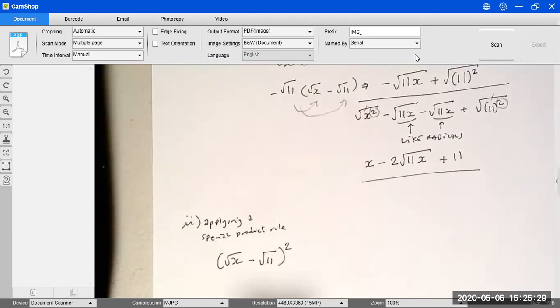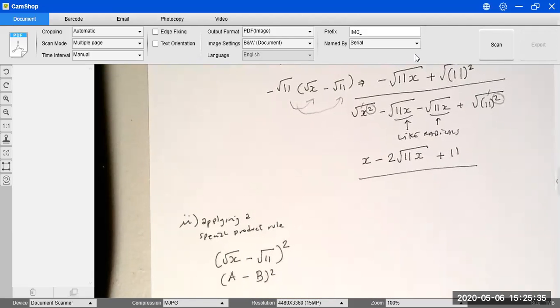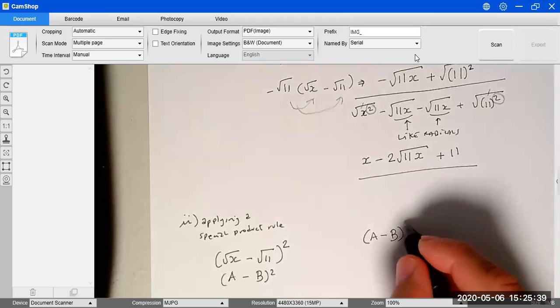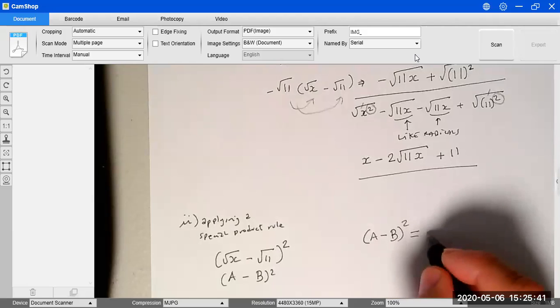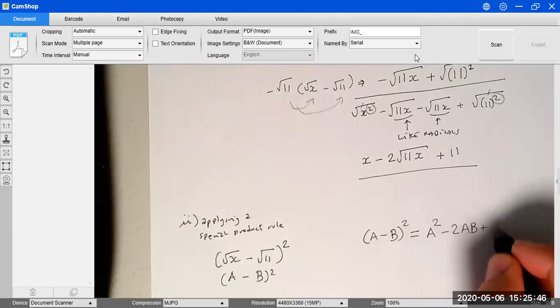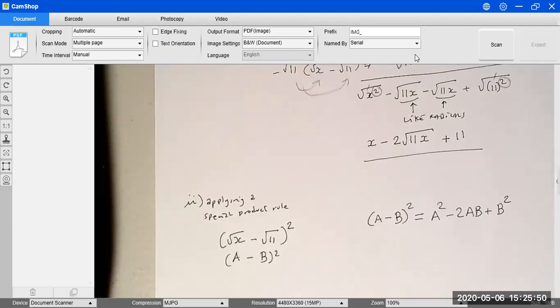So you can see here that this is your a minus b, and we are squaring a difference. So if you have somewhere your formula sheet, you should have something like this: a squared minus 2 times ab plus b squared.